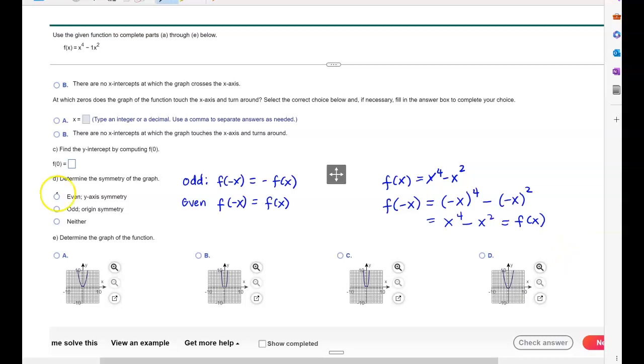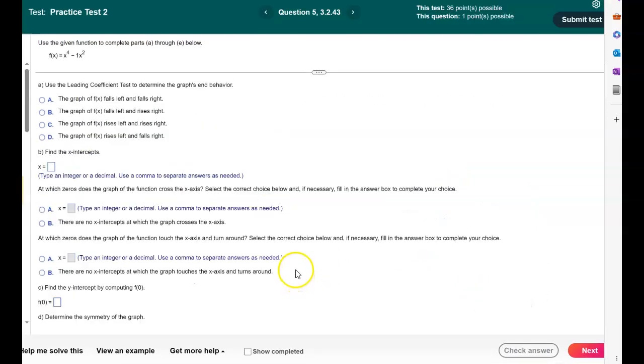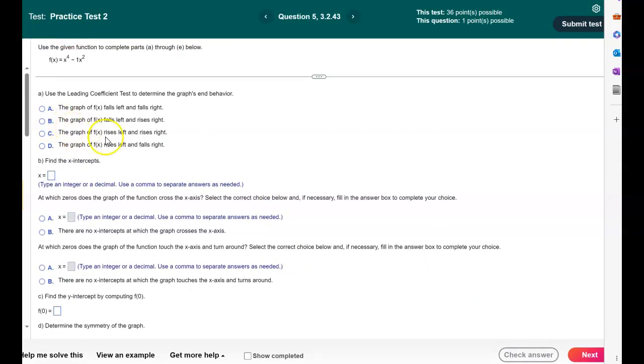In other words, if the function is even, it is symmetric with respect to the y-axis. And then you can put together all the information that you have to determine the graph of the function. Based on our results, the end behavior is letter C: the graph rises left and rises right.